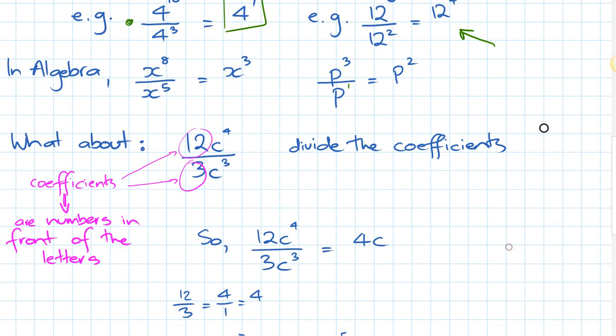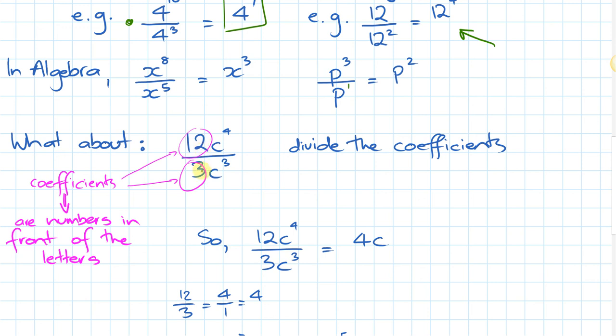Let's extend this a little bit further and place some coefficients in front of these letters. So coefficients are just the numbers in front of the letters. So 12 and 3 are the coefficients here. So what you do first is you take those numbers, 12 and 3, and you divide them first.